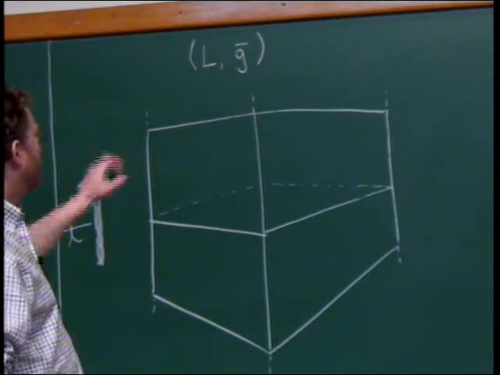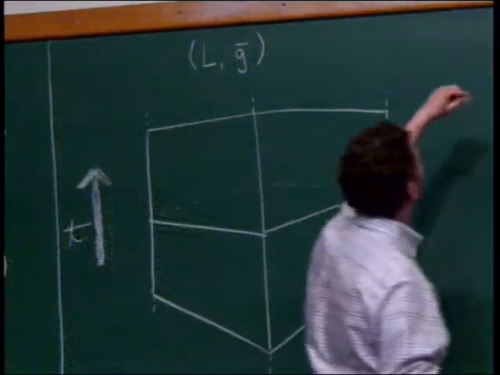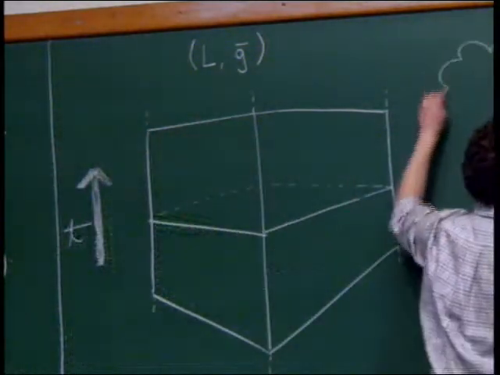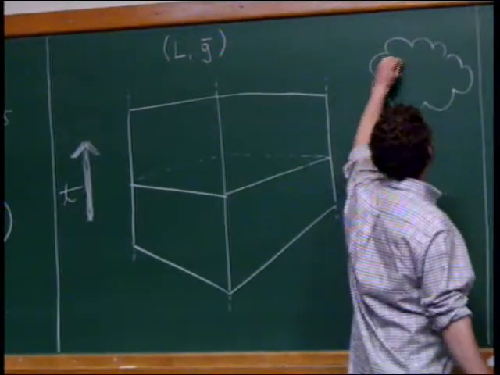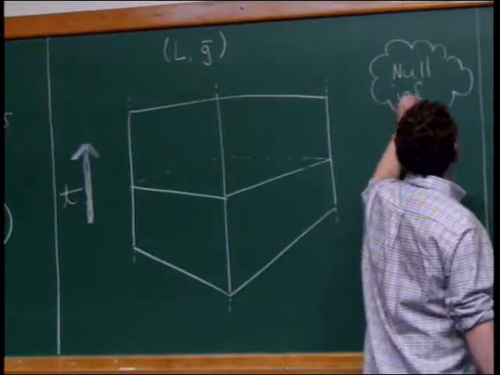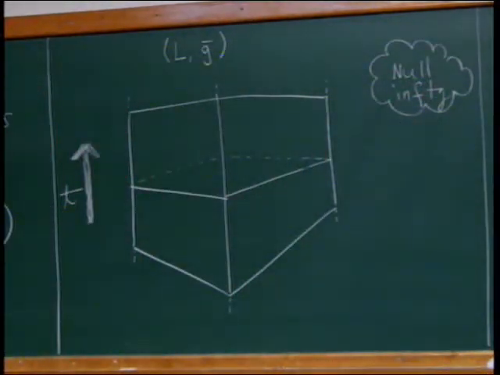And then when you have one of these Lorentzian spacetimes, there's something you can talk about, which I'll put as a little ideal place there, a little cloud called null infinity.